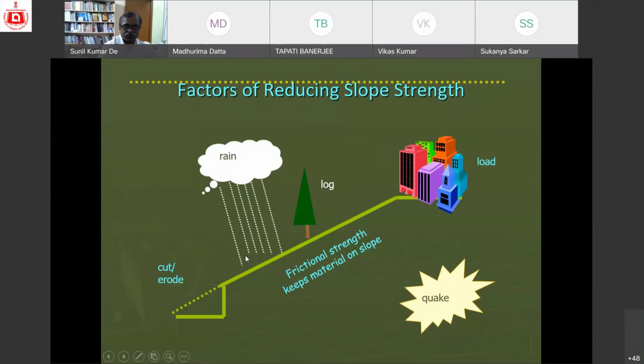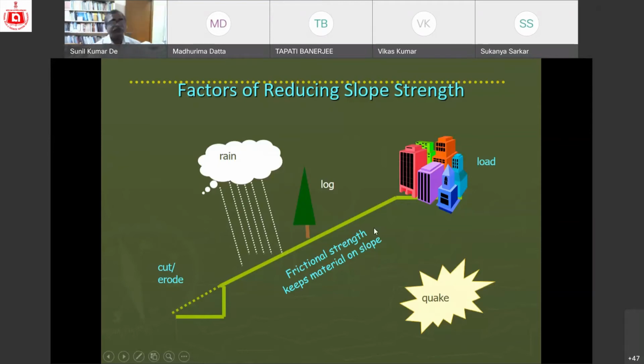Now the slope has become barren. Number two, we had to construct roads to reach that area. And when the slope becomes barren and raindrops fall on the surface, rain splash erosion takes place, the soils become clayey or wet, and the slope sometimes fails, and along with this, earthquakes. So rainfall, earthquake, and human activity.